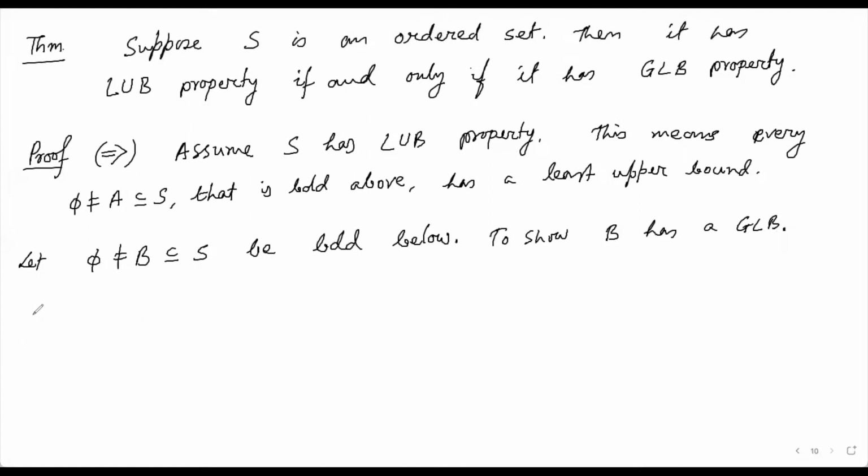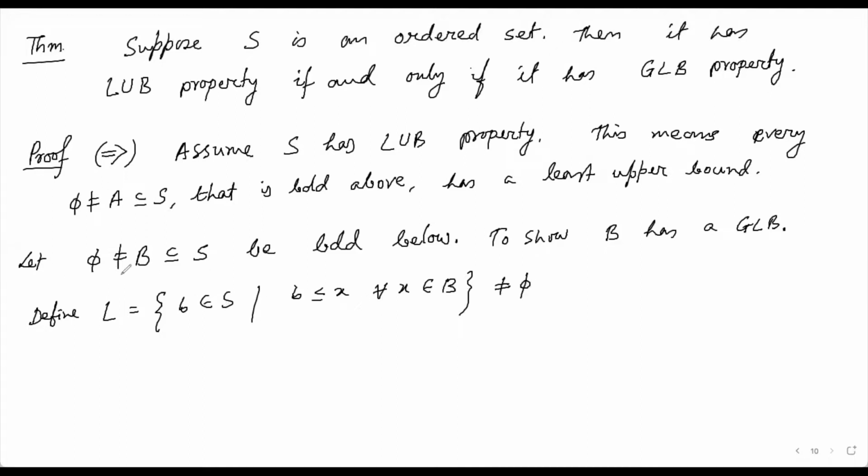So we define L equal to the set of all elements b in S such that b is less than or equal to x for all x belonging to B. And note that this set is non-empty. Why is this non-empty?